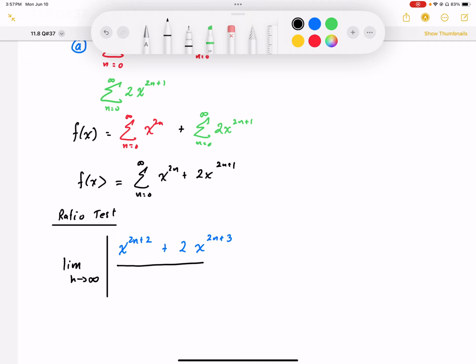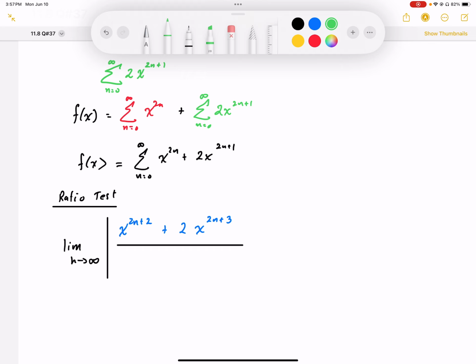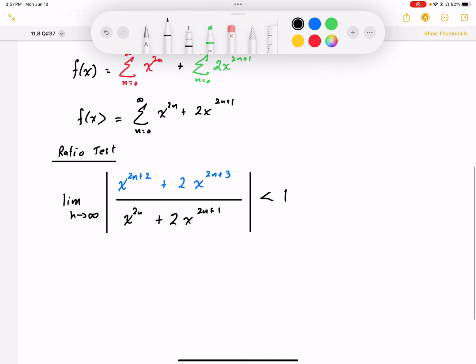That's my n plus 1 expression. In the denominator, I'm just going to use the n expression: x to the power 2n plus 2x to the power 2n plus 1. I need that to be less than 1.